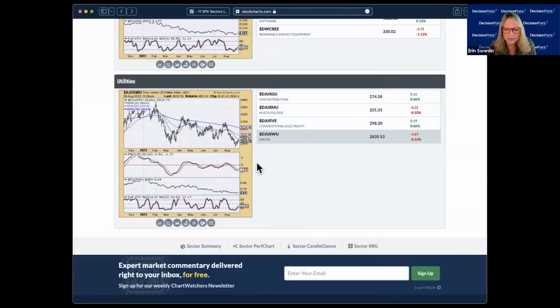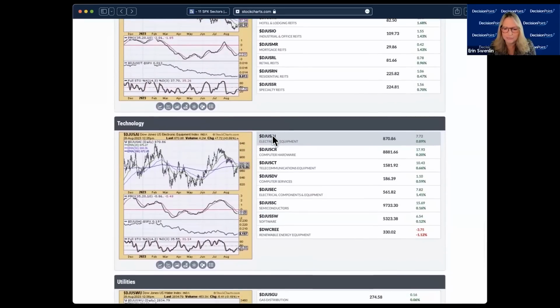And water, I think, looking pretty good right now with that move to the upside. You can see the PMO has turned up, stochastics are rising. So water looking pretty good as far as an industry group goes.